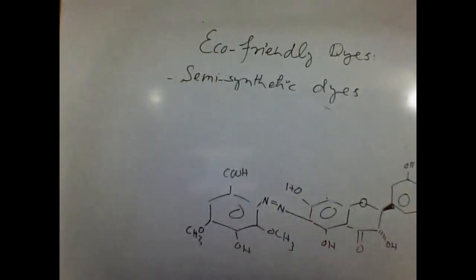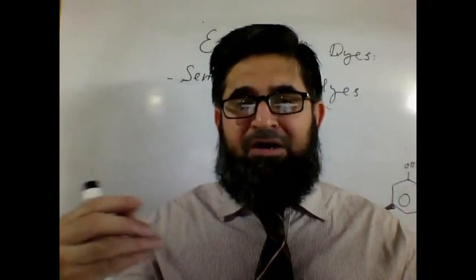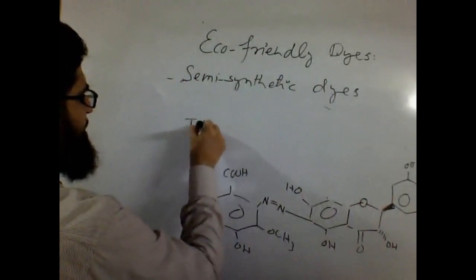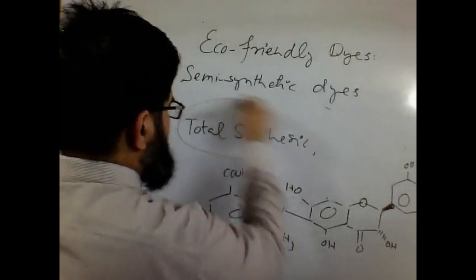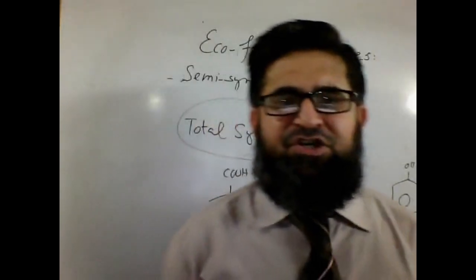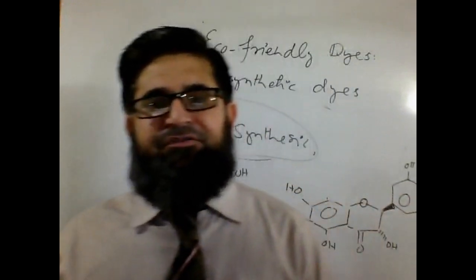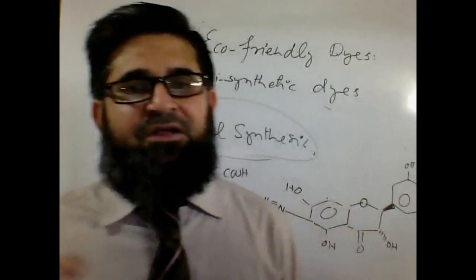So we can have this sort of a dye where both parts belong to the plants, both have been generated from plants. So such type of synthesis is called total synthesis, or natural synthesis, because both of the components, the one which has been used as diazonium salt has also been generated from a natural compound.